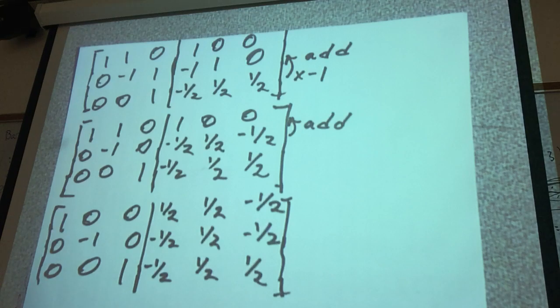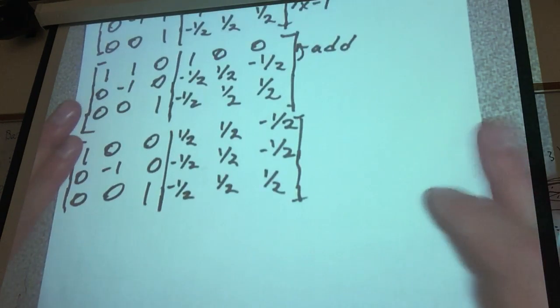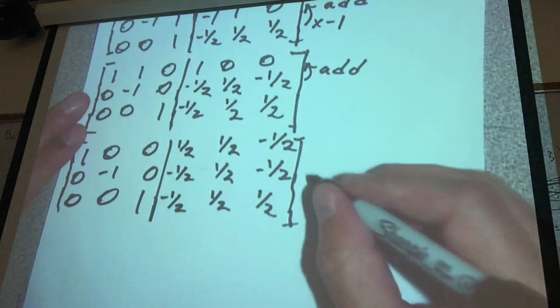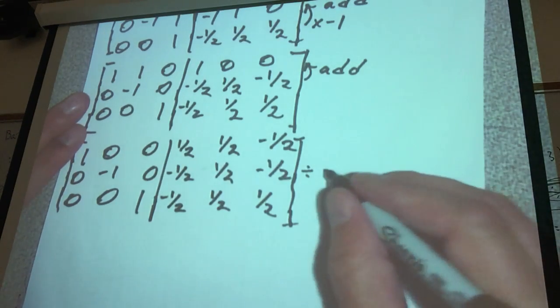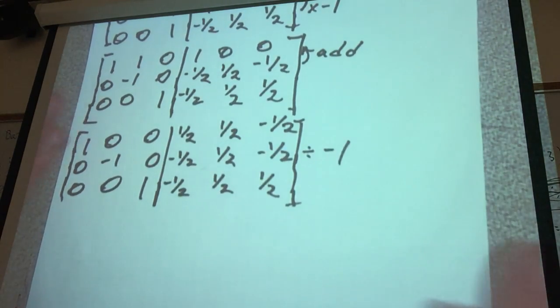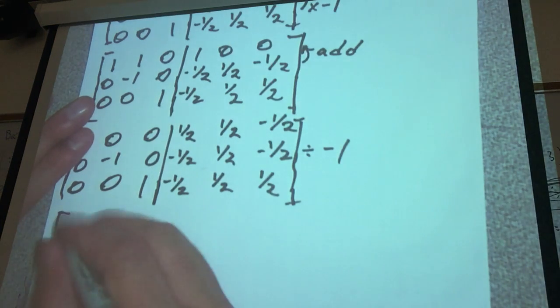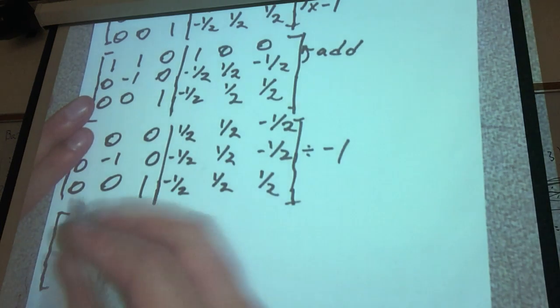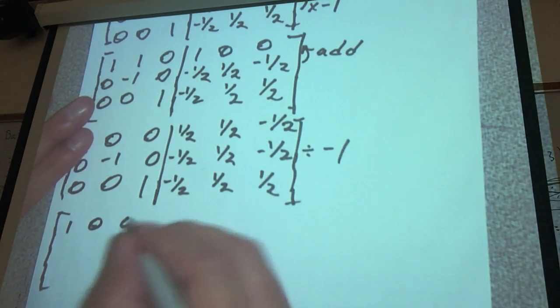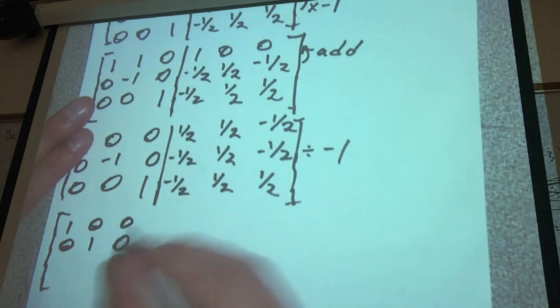Okay. Now you can think of this as multiplication or division. Let's say, for consistency, we divide it by -1. One, 0, 0, 0, 1, 0, 0, 0, and 1.